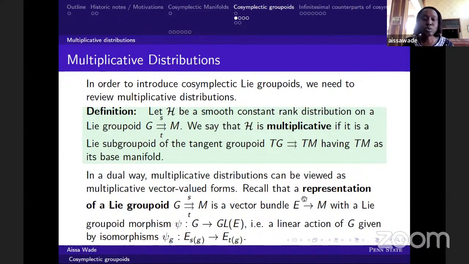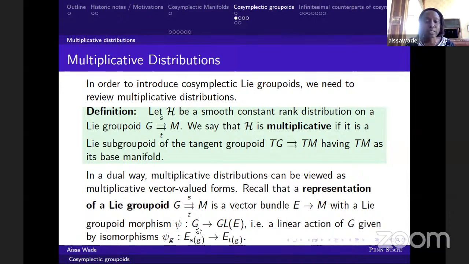First, I need to recall what I mean by a representation. So a representation of a Lie groupoid is just given by a Lie groupoid morphism, here I call it phi, that goes from G to GL(E).